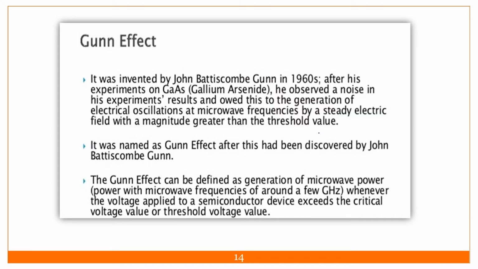So what exactly is meant by the Gunn effect? Normally, if you draw the VI characteristics of any normal PN junction diode, silicon or germanium, with voltage on one axis and current on the other, then at a certain voltage, near about 0.3 for germanium, 0.7 for silicon, and 1.1 volt for GaAs, the diode will conduct and current starts to flow.